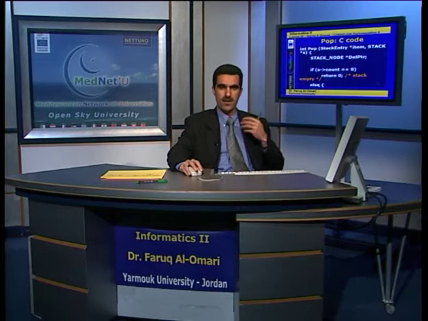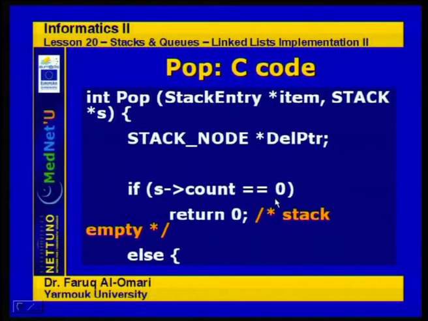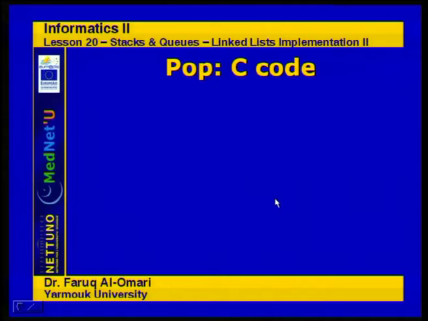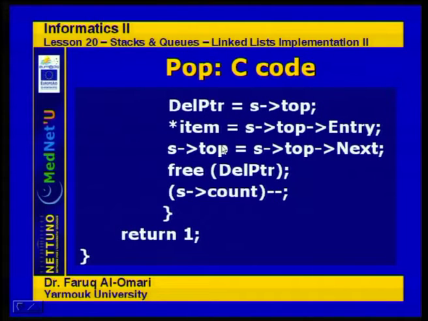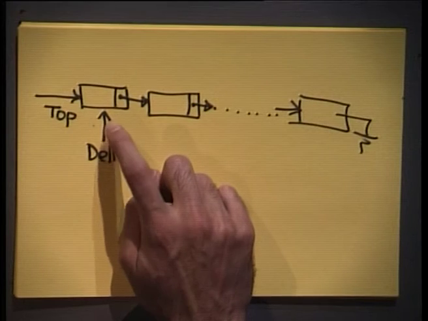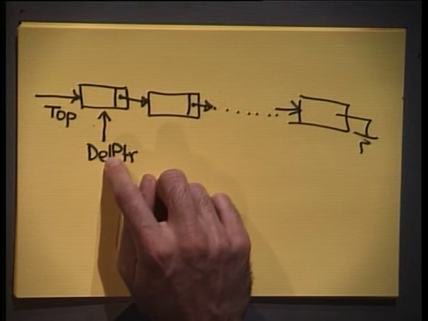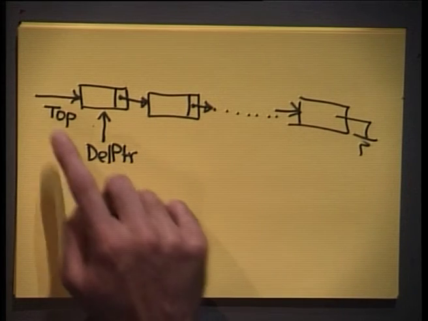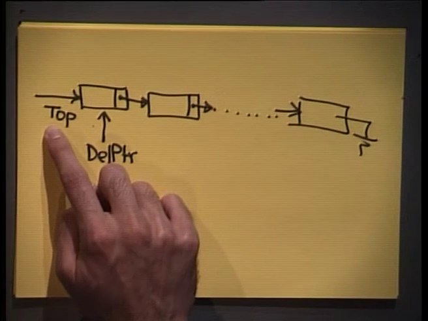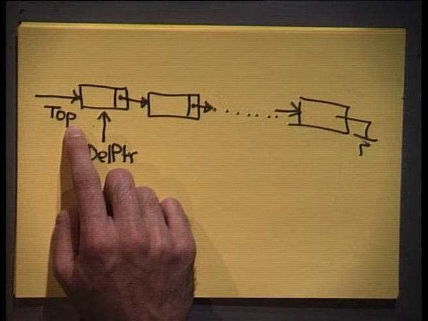Otherwise, if there is data and count was not 0 actually, then I'm going to perform this retrieve operation or pop operation. What am I going to do? The first step I'm going to do is make this pointer point to wherever top is pointing. And it's exactly assigning this pointer down here. Okay, so I'm making del ptr equals s arrow top, to wherever top is pointing.